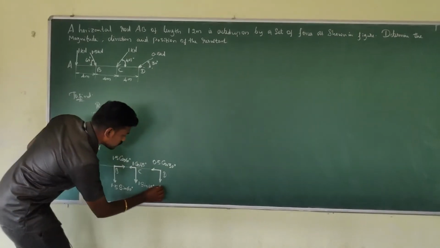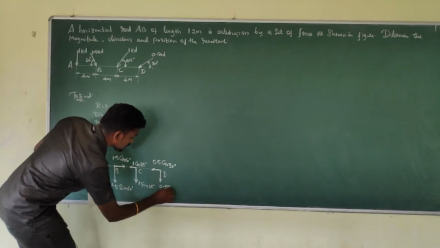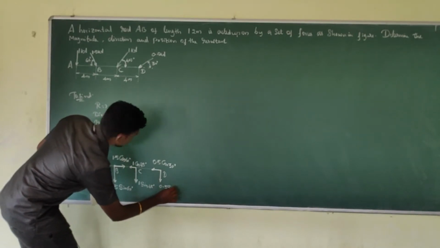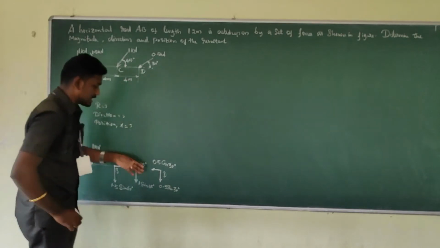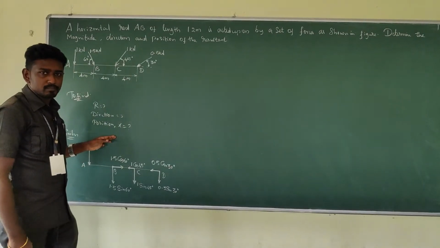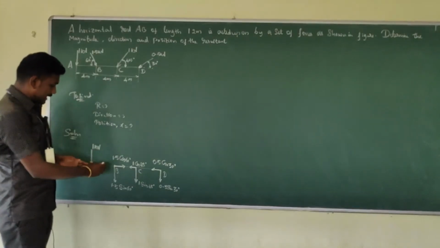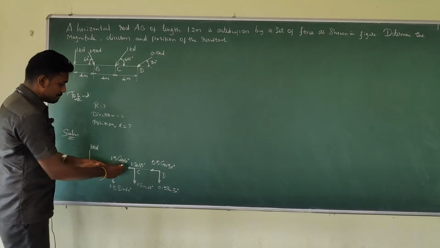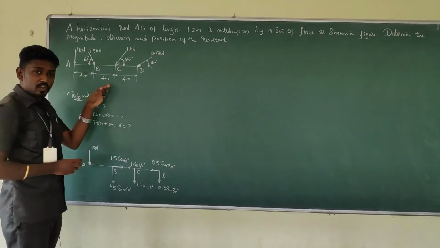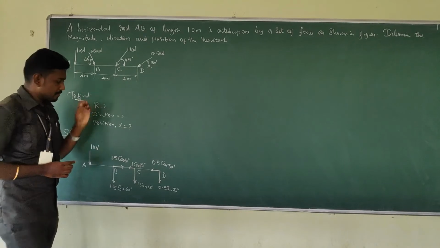And here 0.5 sine 30 degrees is for the vertical component. That's all. The measurement we know, each span A to B, B to C and C to D, is equal. Okay, fine.